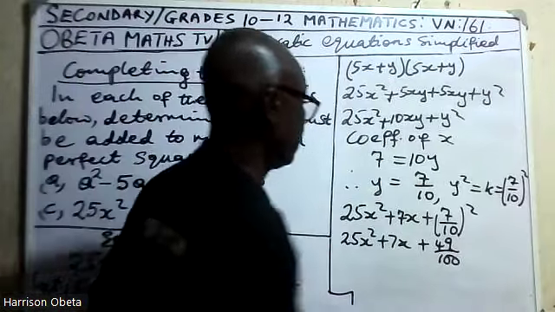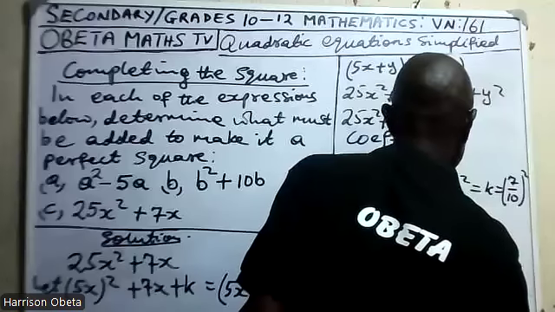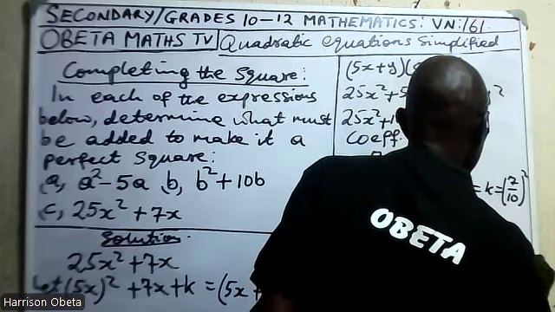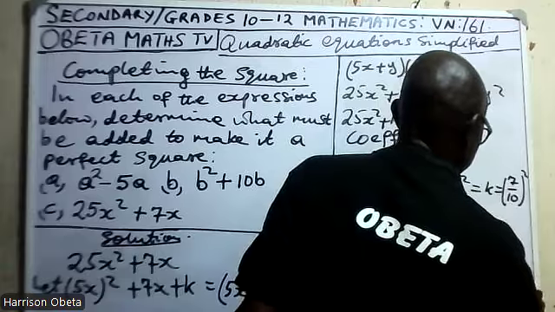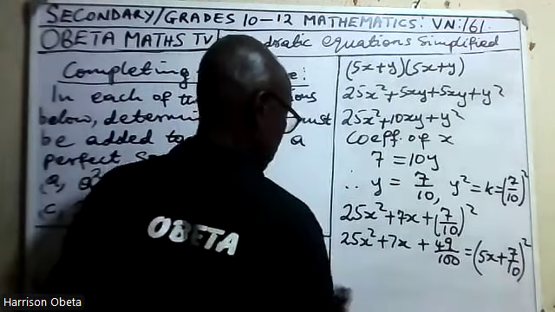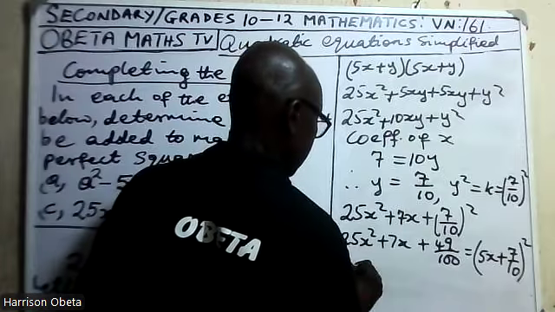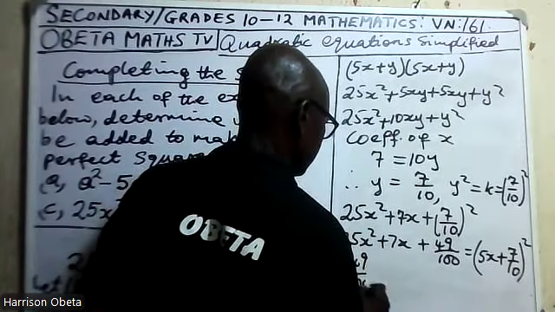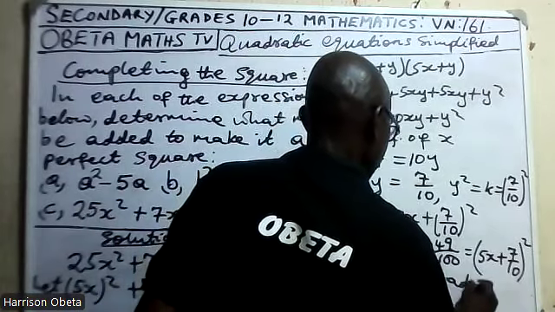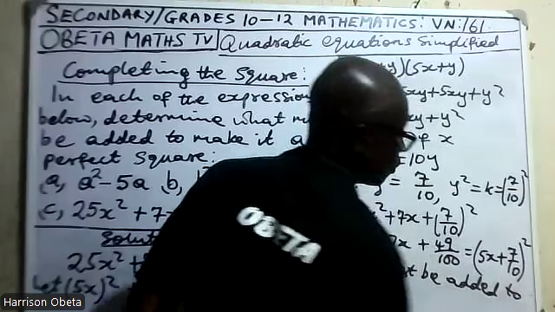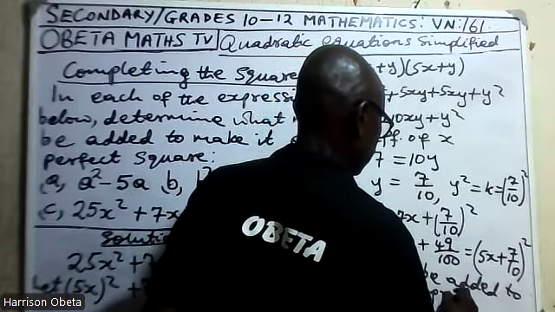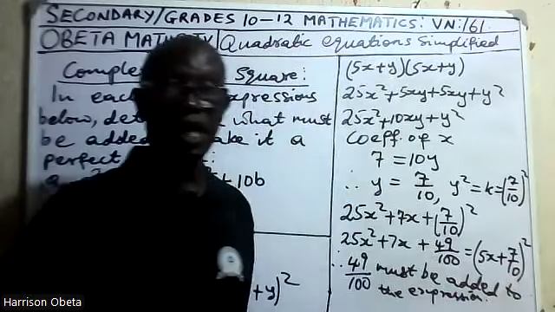And if you want to factorize it, that's supposed to be 5x plus 7 over 10 squared. So we can conclude by saying that 49 over 100 must be added to the expression.